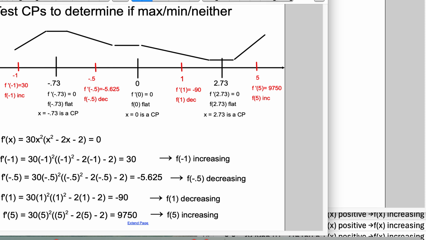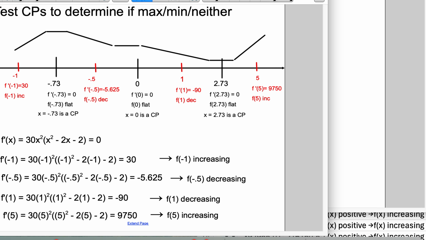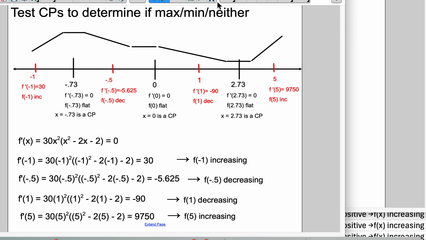I create my number line here, and really what I'm doing is I'm dividing, right? I know that my domain is negative infinity to positive infinity, so I'm going to chop that up around where my critical points are. So here's my critical point, x equals 0, right here.